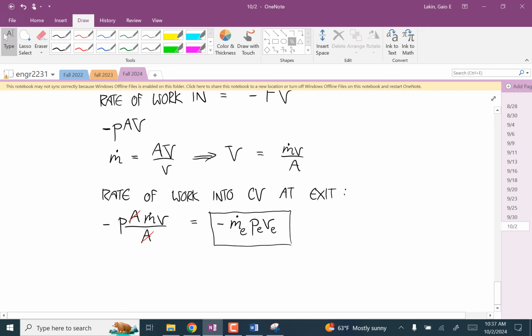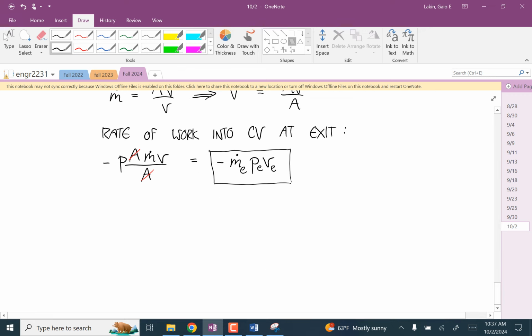And so now we can put this all together. And we have that dE dt in the control volume is equal to Q dot, heat flowing into the control volume, minus W dot, that's the work done by the control volume on the surroundings.